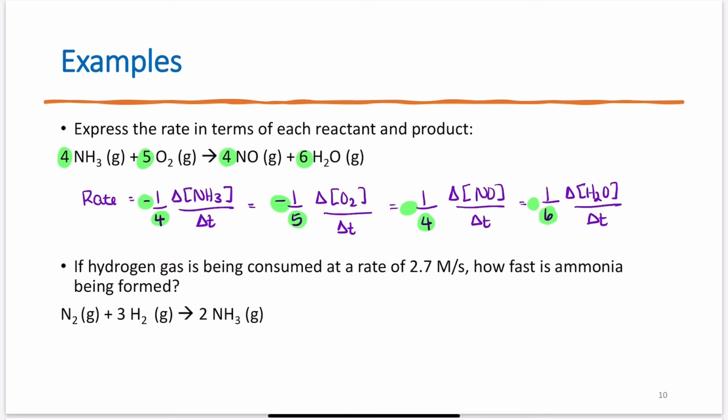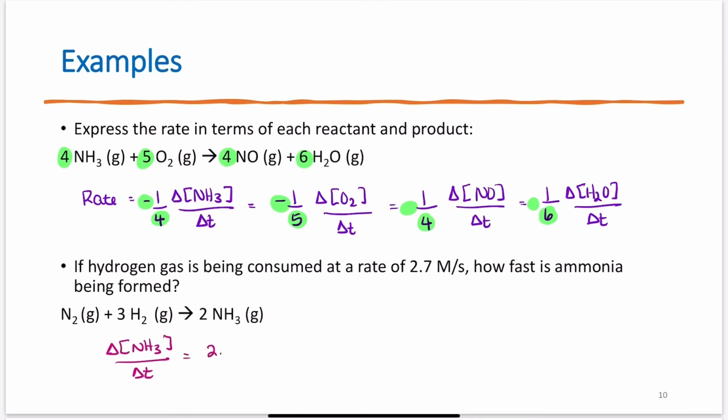In the reaction, if nitrogen gas is being consumed at a rate of 2.7 molar per second, how fast is ammonia being formed? N2 gas plus 3 moles of H2 gas give me 2 moles of NH3 gas. Well, I'm trying to find how fast ammonia is being formed, so I'm trying to find the change in ammonia over change in time.